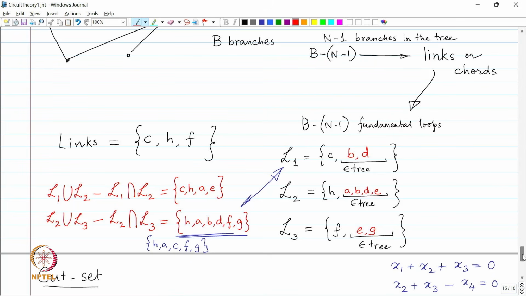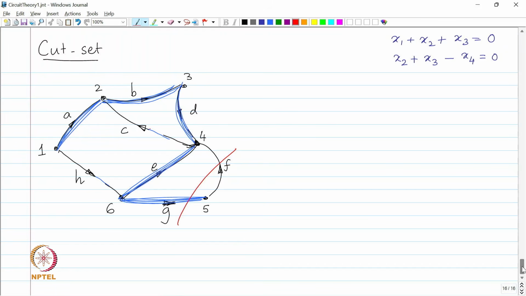Okay. In this case, in case of the cut set, we are going to have one element from the tree, all other elements from the links, from the set of links. Okay. So, how many such cut sets are we going to write out? N minus 1, 5 in this case.